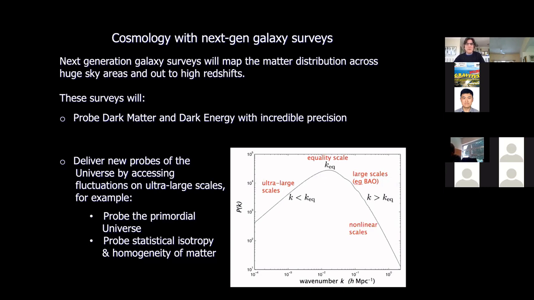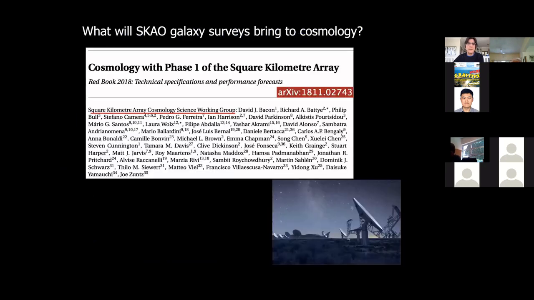So those are two of the key foundational issues for the standard model of cosmology, which will be opened up by these next generation galaxy surveys. I will just talk about the first one, and of course there's some others which I haven't listed. Lots of exciting new things will be made possible by these surveys.